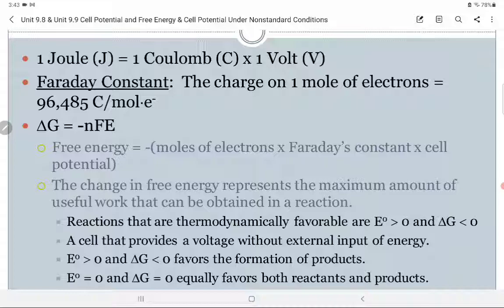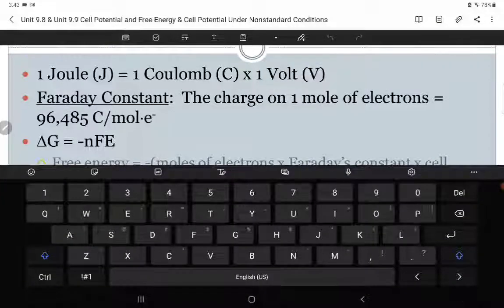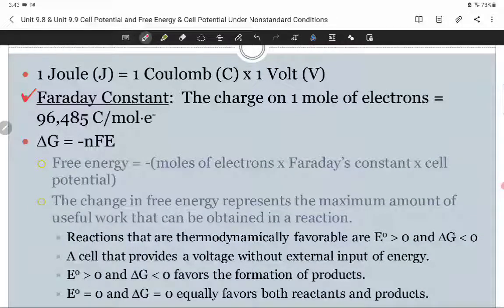And introducing a new, well, actually we've talked about Coulomb's law, but we also have the unit Coulomb, which deals with the charge. And we're going to be using this frequently, Faraday's constant, and that's in your equation sheet.